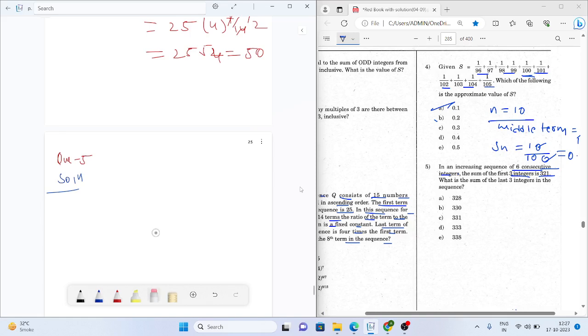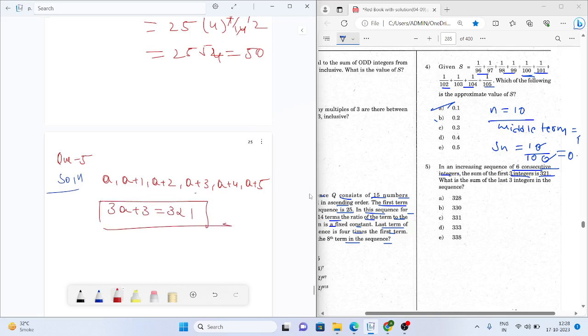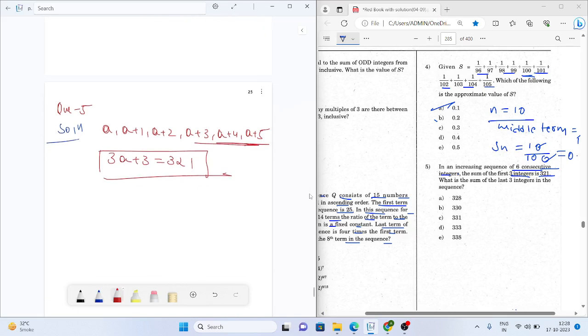So I take the first term as a, second is a plus 1, third is a plus 2, then a plus 3, a plus 4 and a plus 5. So these are the 6 terms he said, and the sum of the first 3 terms he gives, which is 3a plus 3 equal to 321, and he asked for the sum of the last 3 terms.